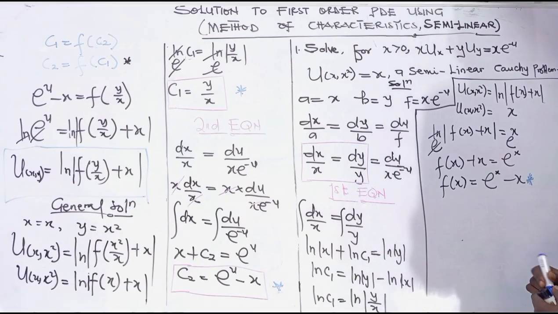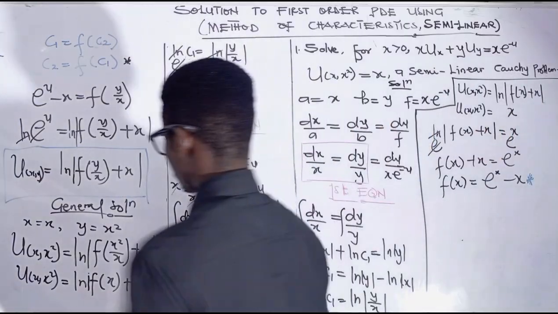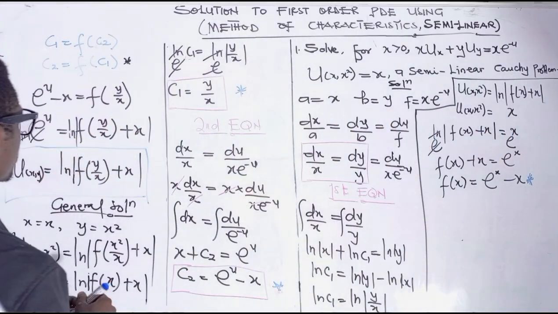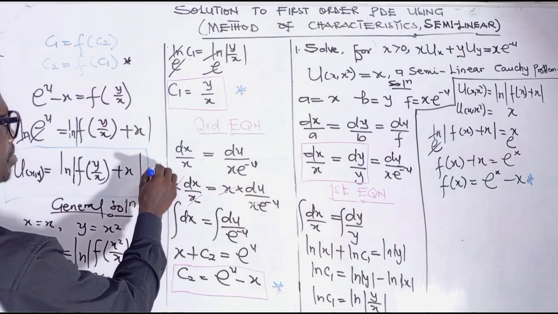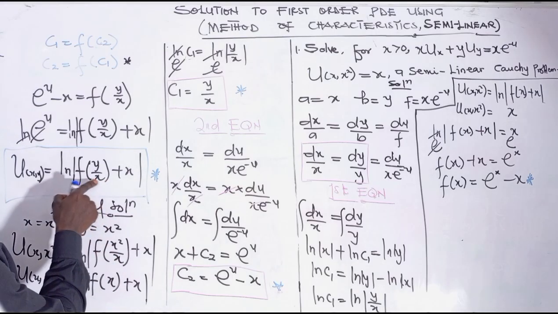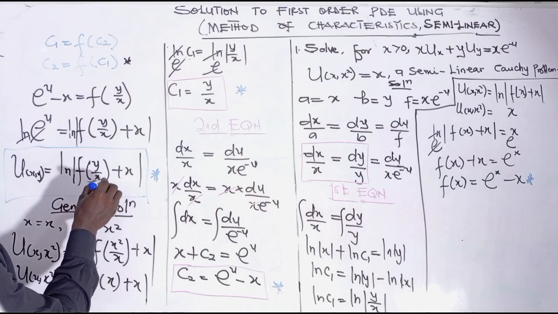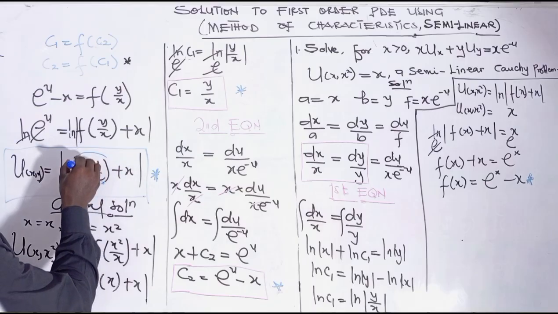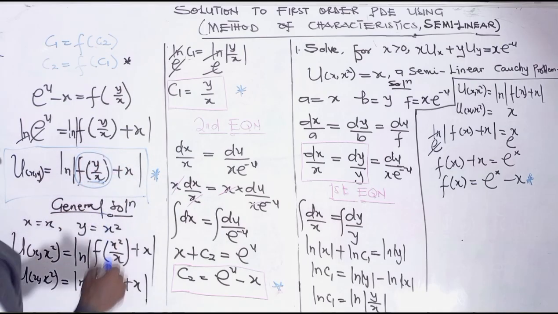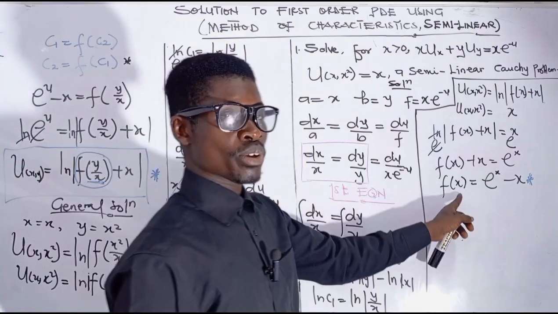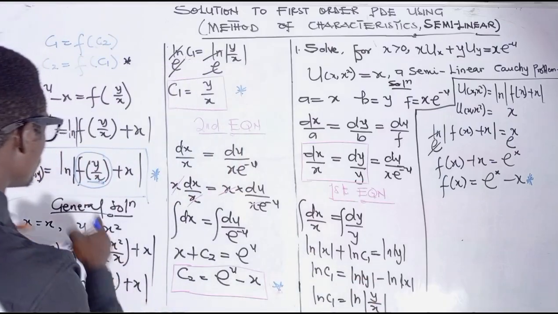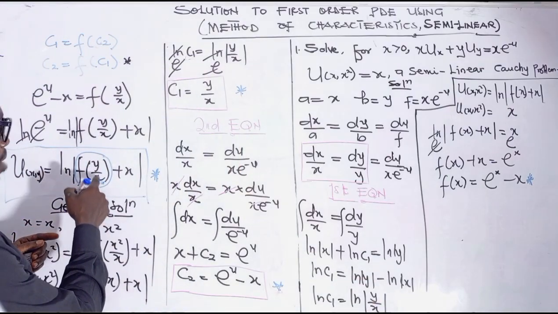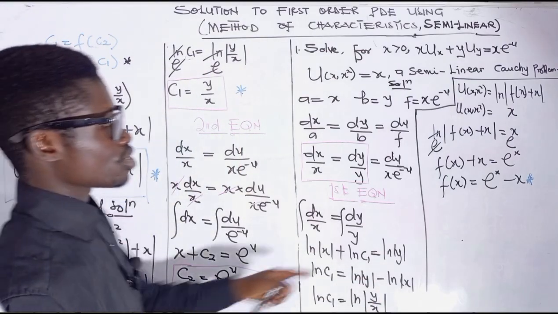what we are going to do here is to go back to the general solution. So this is the general solution. We are coming back here and then pick what is in the function f at y over x. We are going to pick this to replace x. Wherever we see x, we are going to substitute y over x. We are picking what is in the bracket to represent x.